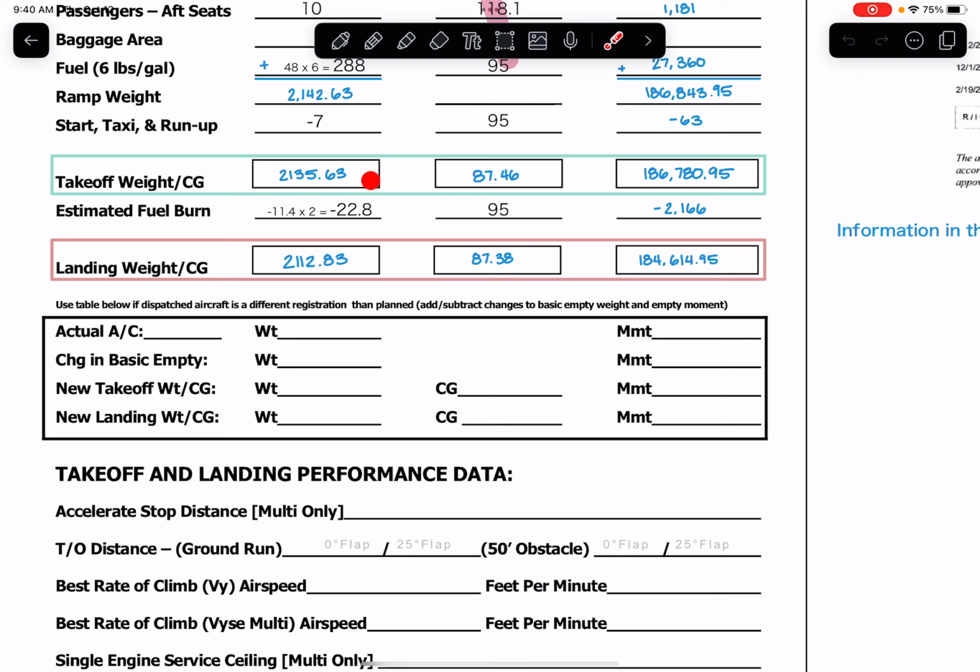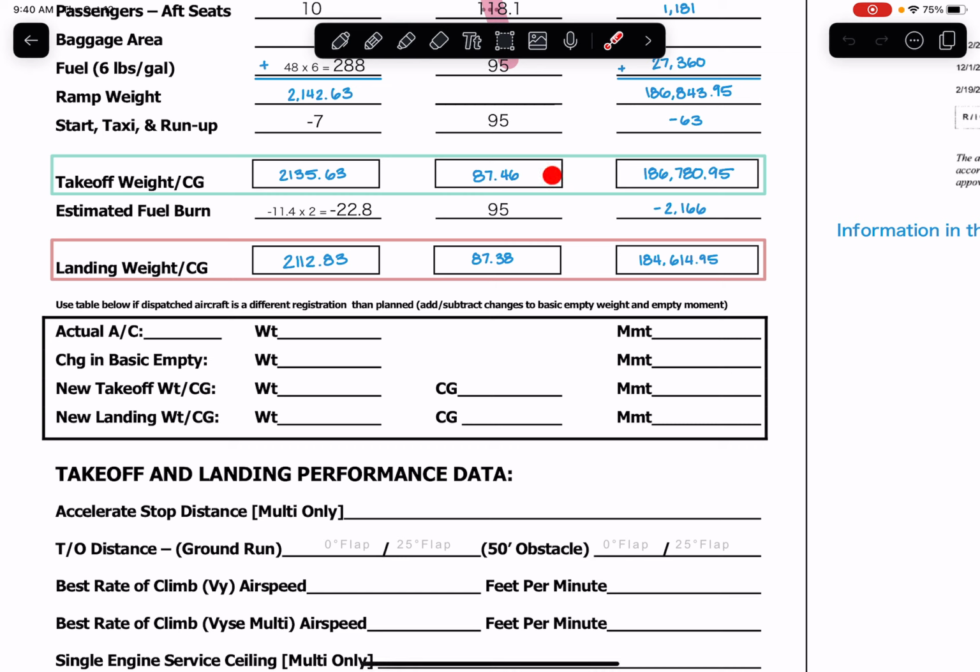So our takeoff weight was 2,135.63. We subtract 22.8. We get the new landing weight of 2,112.83 with our new CG and also the moment that we utilize to find our CG.